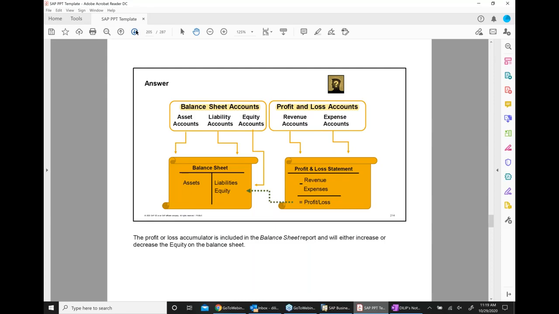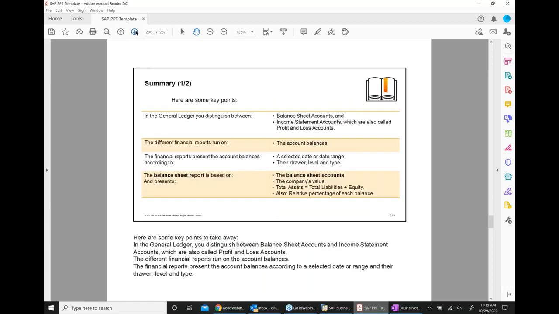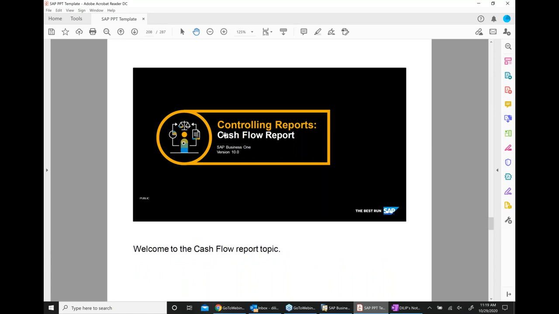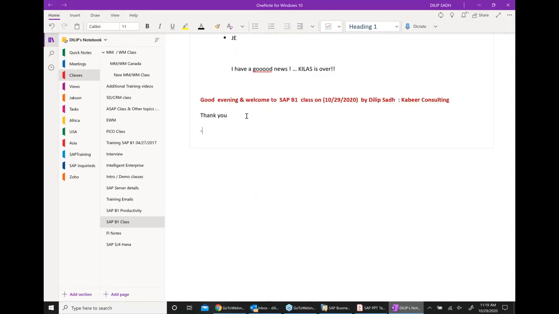So, summary. Now there is cash flow. For the cash flow, I'm not going to talk about it because I have a detailed video, I think an hour or so, on my YouTube channel.